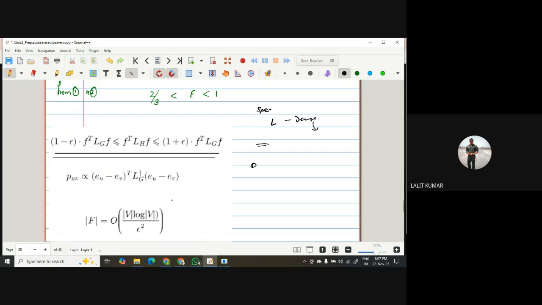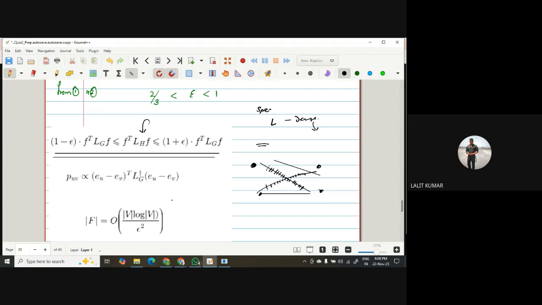For example, if there is a point and there are edges 1 and 2, we remove some edges with probability. We keep only one edge. And this is your L_H, the Laplacian with the transformation.